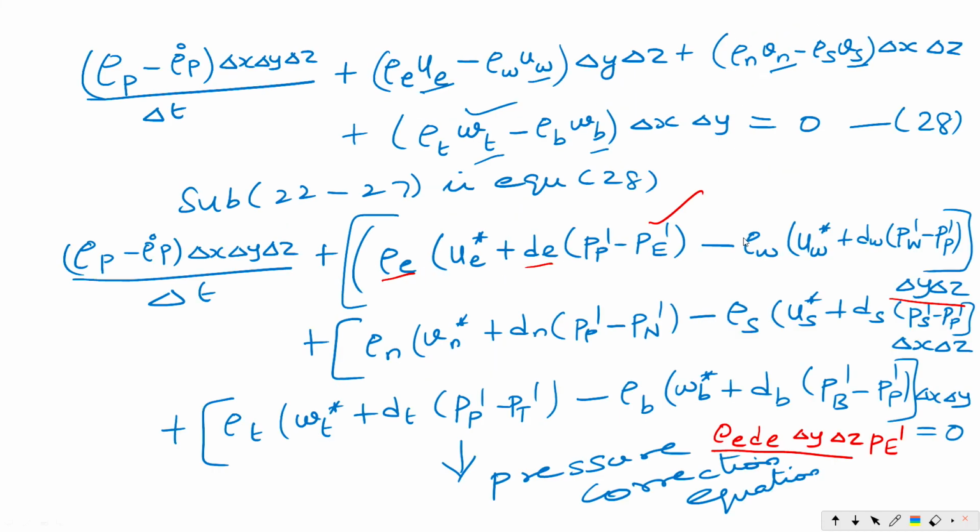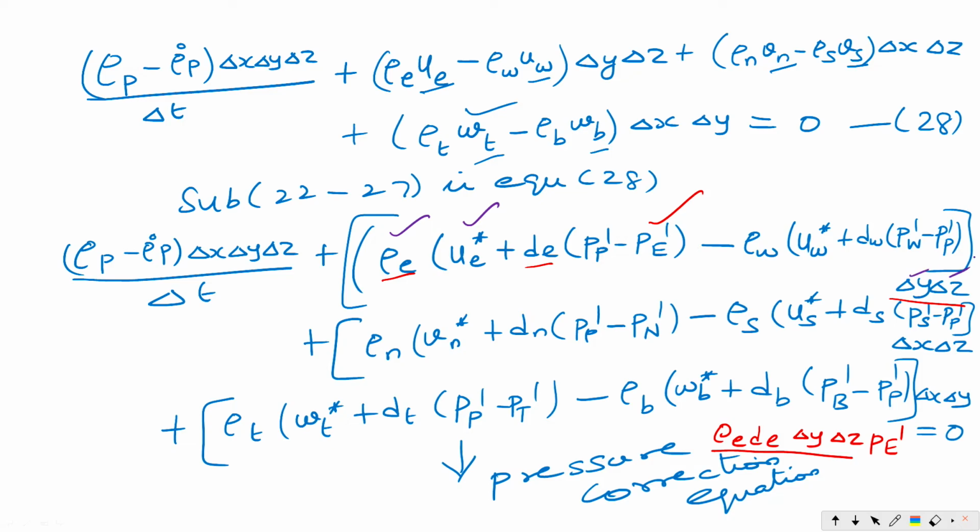What are the other terms we can see here? rho_e u_e star Δy Δz. I will write once again in pink color. Sorry, it is not coming in pink. Rho_e u_e star into Δy Δz.